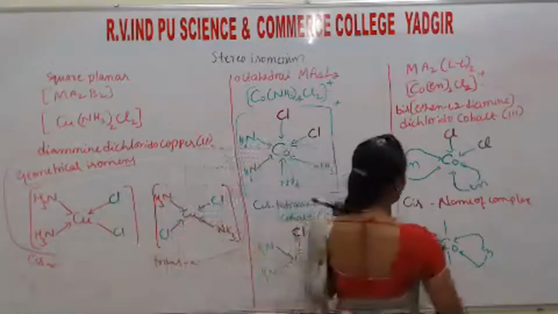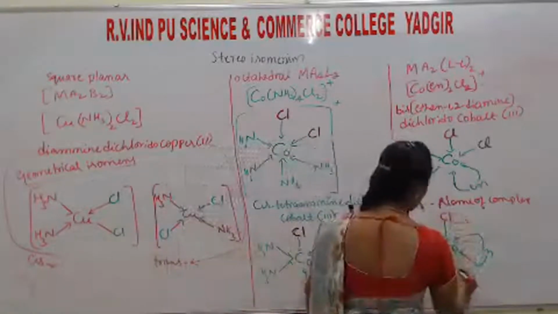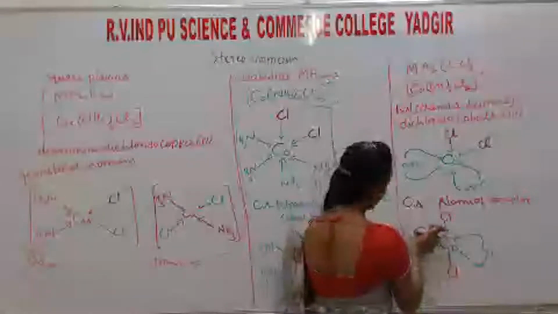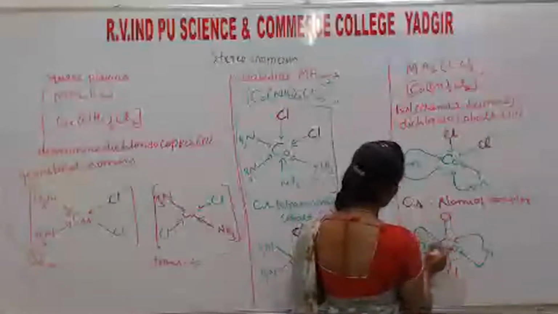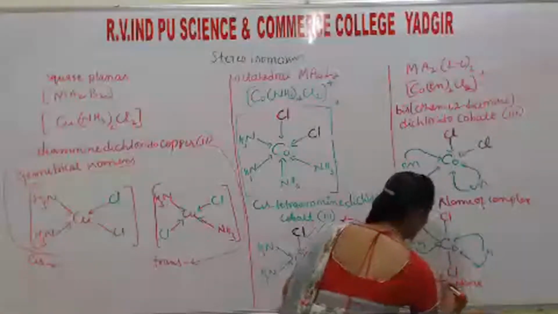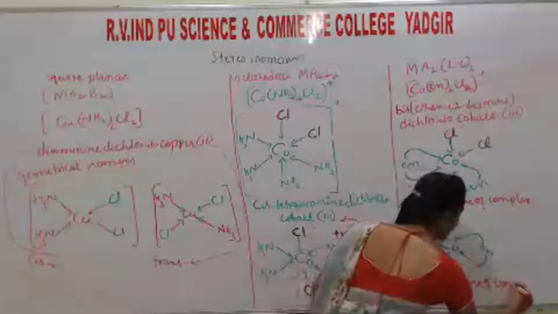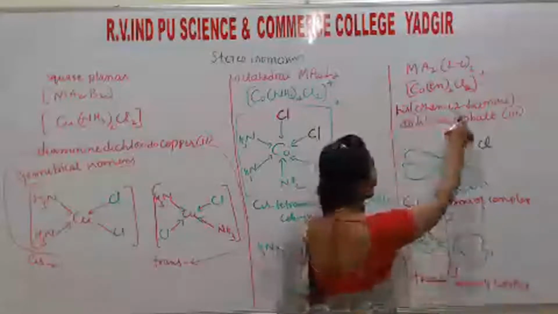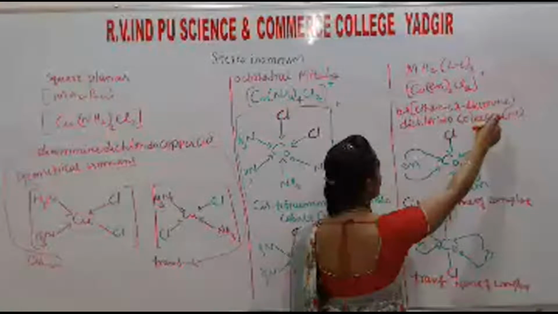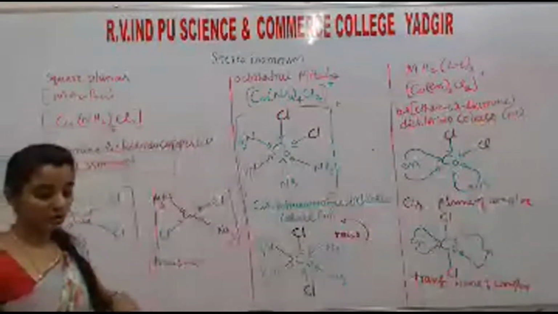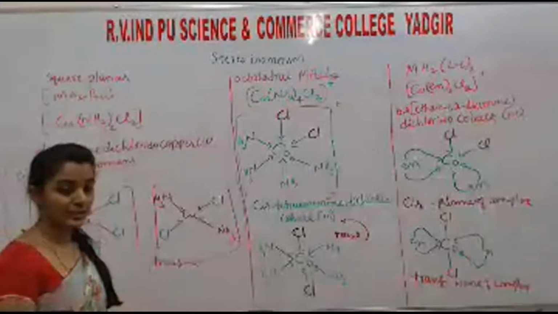If the two identical atoms are opposite to each other, followed by the name of the complex. What is the name of the complex here? Trans bis ethane 1,2 diamine dichlorido cobalt 3. These are the types of geometrical isomers, cis and trans.